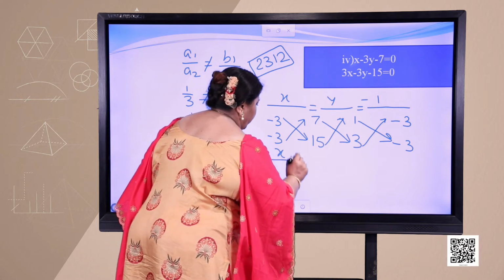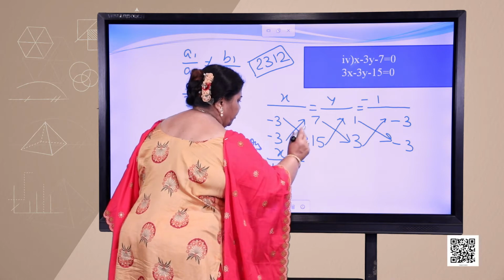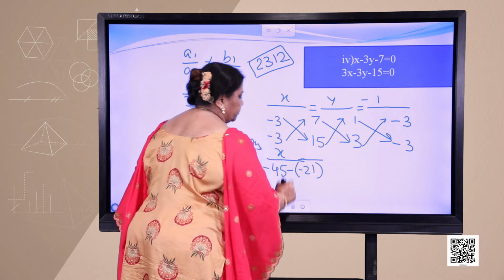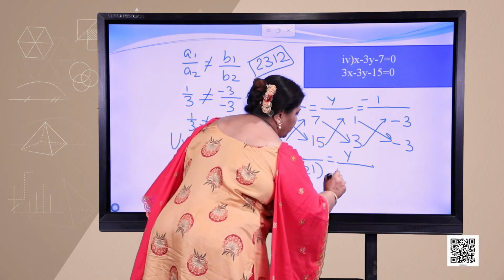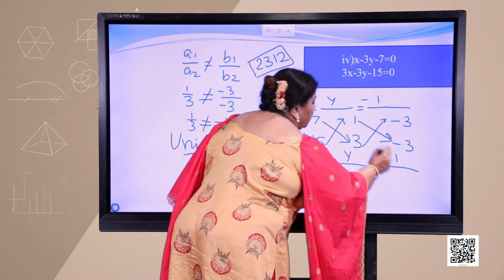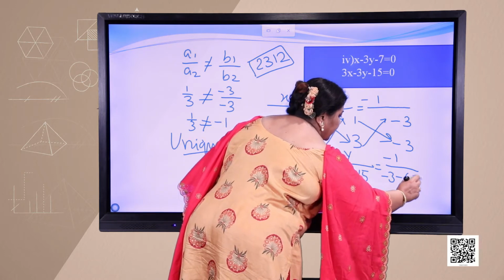So, x upon 15 3s are 45 minus 7 3s are 21 is equal to y upon 7 3s are 21 minus 15. Here minus 3 minus of minus 9.